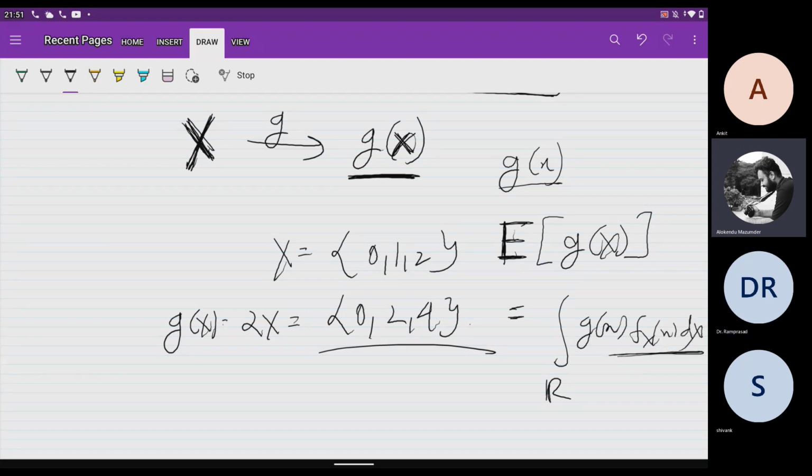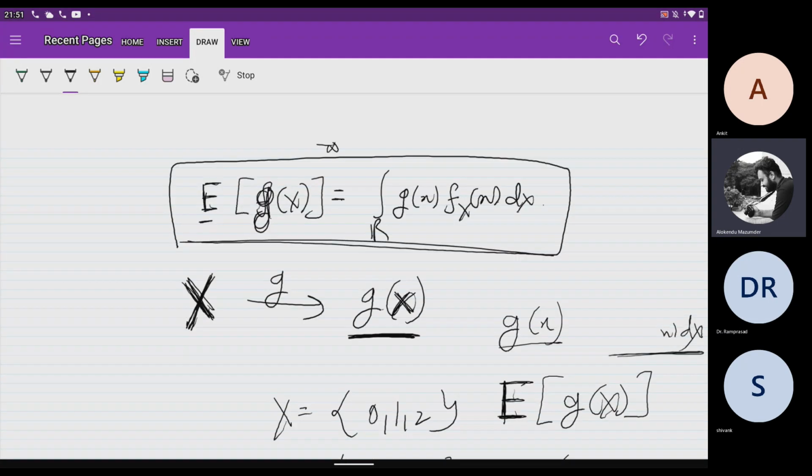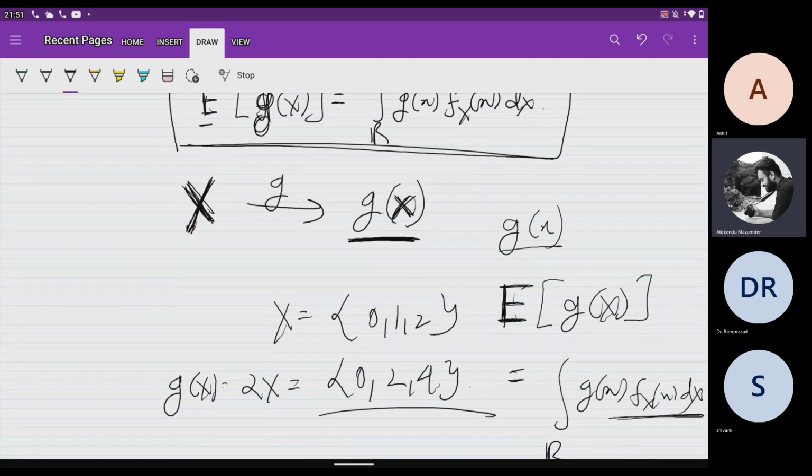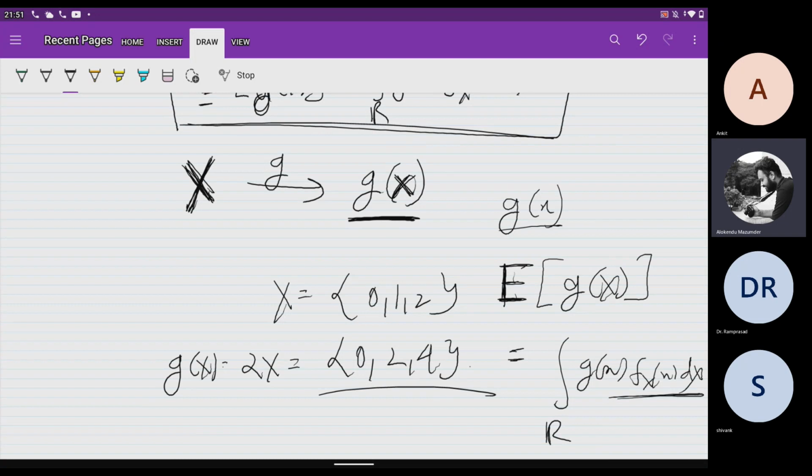So it's basically computing the expectation of a function of a random variable. g of x may or may not be a random variable. It has to satisfy some properties, but that will be in a probability course. I don't want to go down there.